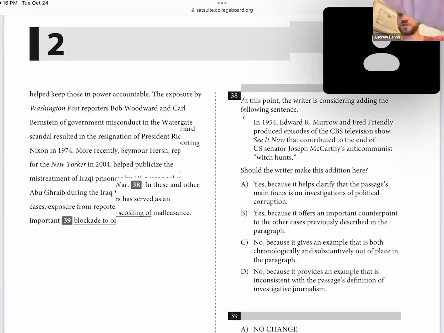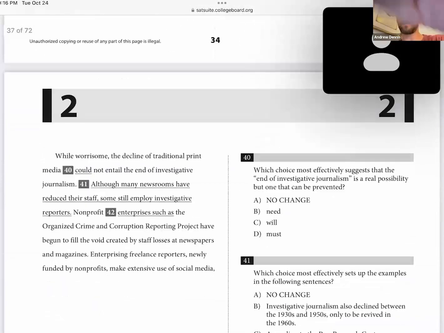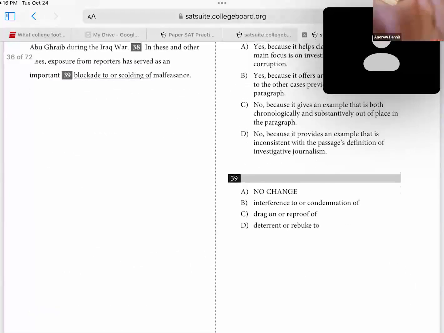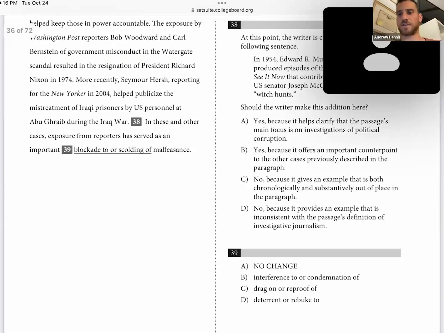And then finally, I know there's some more to this passage if you keep scrolling down, but let's just call it a day with number 39, before everyone falls asleep on me.